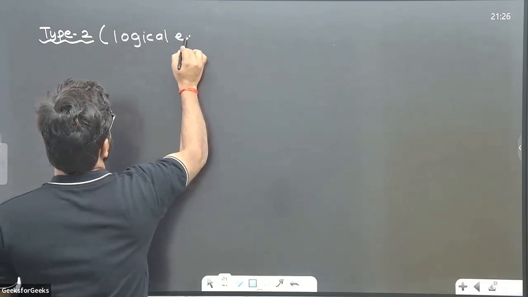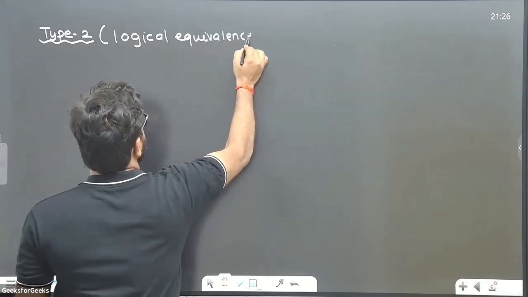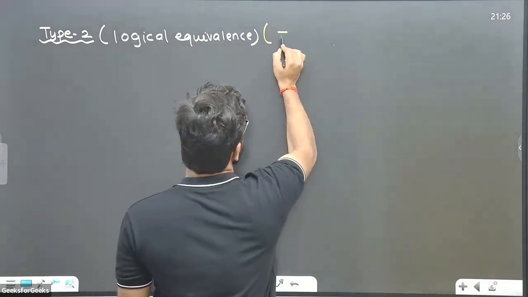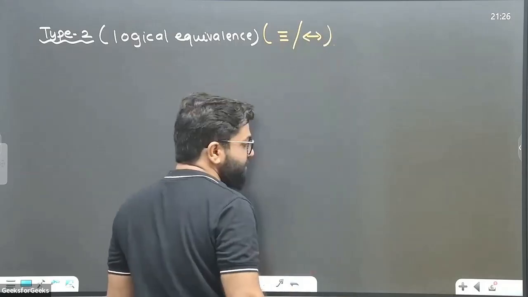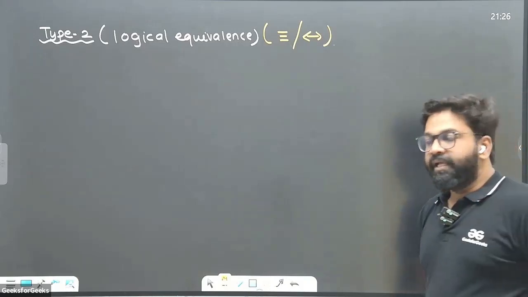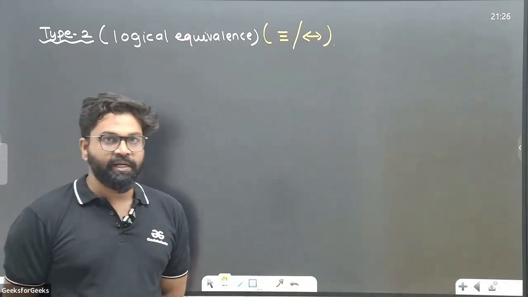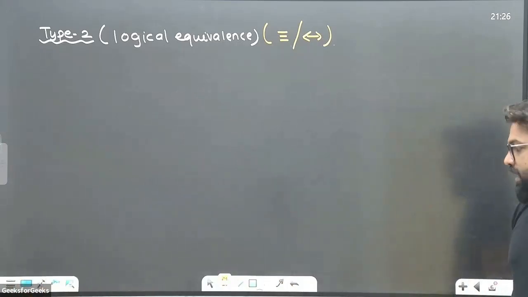Logical equivalence has two different types of representation. This is your representation, or sometimes it is also used as a double implication. So in some questions the double implication is used, and the three-line symbol is also used for logical equivalence.